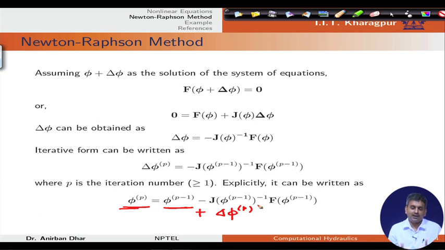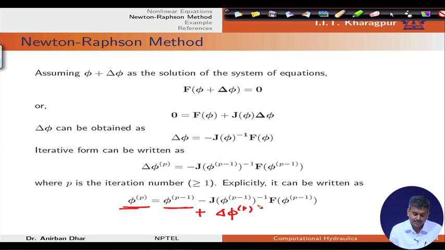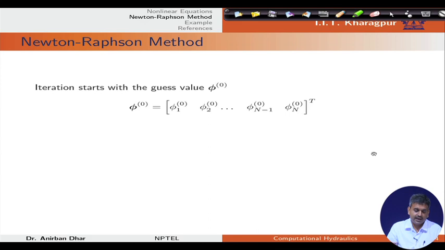So, we are directly adding this with the old value. You can compare this step with our iterative technique used for linear equations. This is similar. We are adding or updating the value at a particular point. So, in this case this iteration starts with the guess value, which is phi 1 0, phi 2 0, phi n minus 1 0, phi n 0.